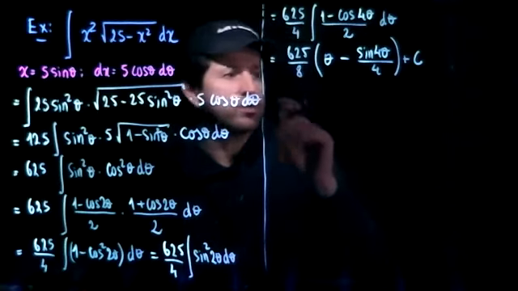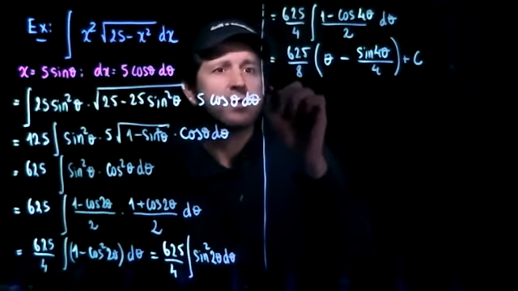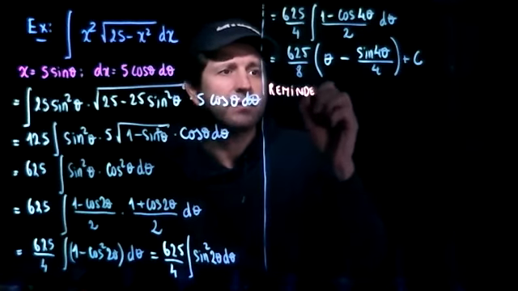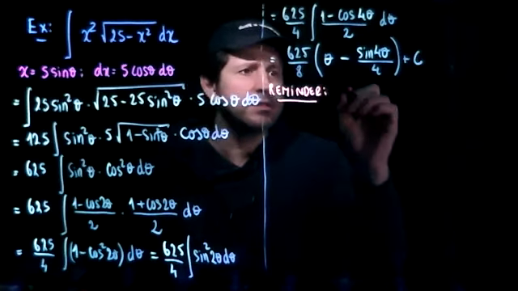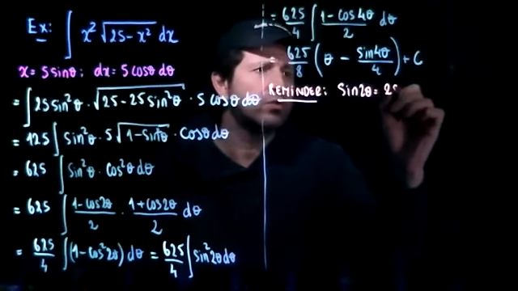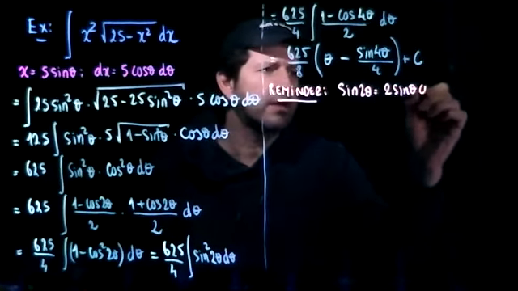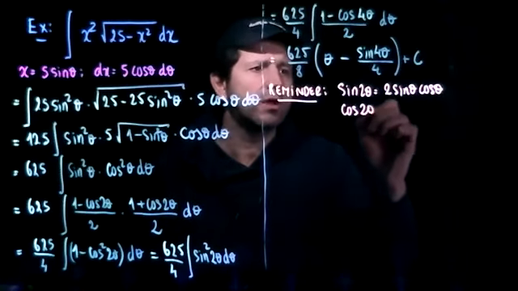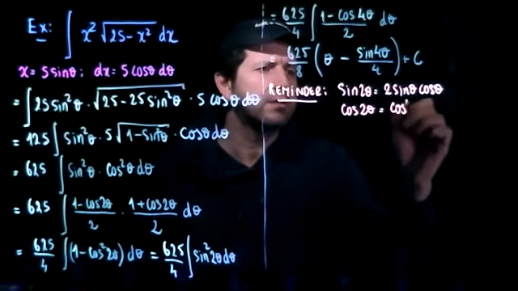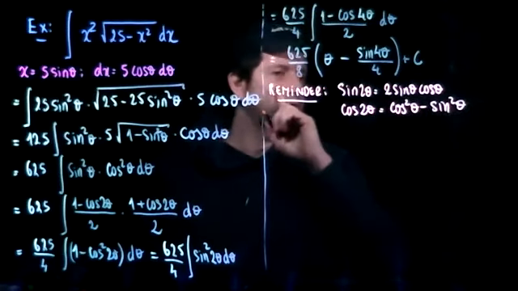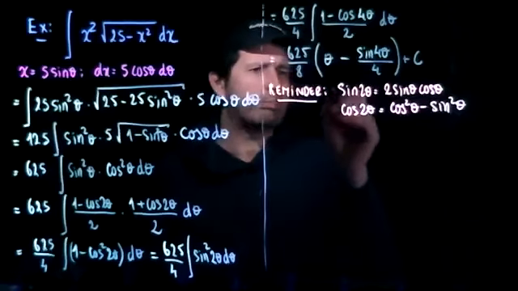So a reminder again is that sine of 2 theta is 2 sine theta cos theta, and cos of 2 theta is cos squared theta minus sine squared theta. You're going to use these identities a lot. These two.